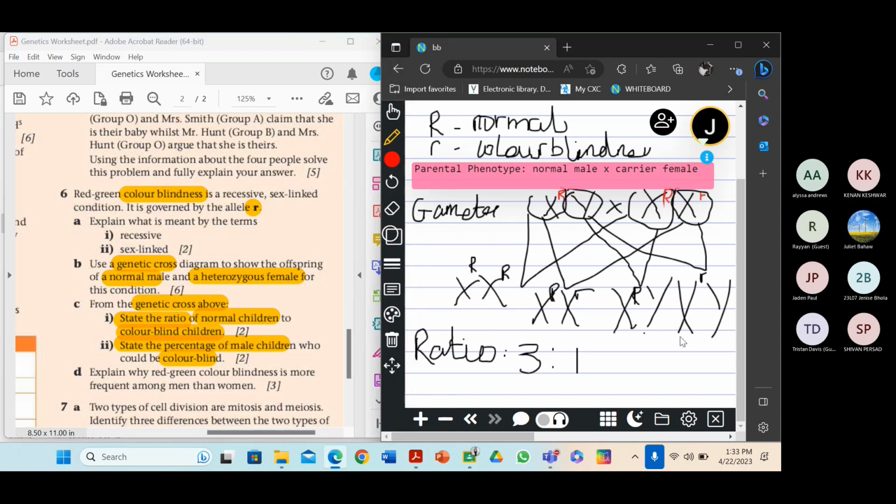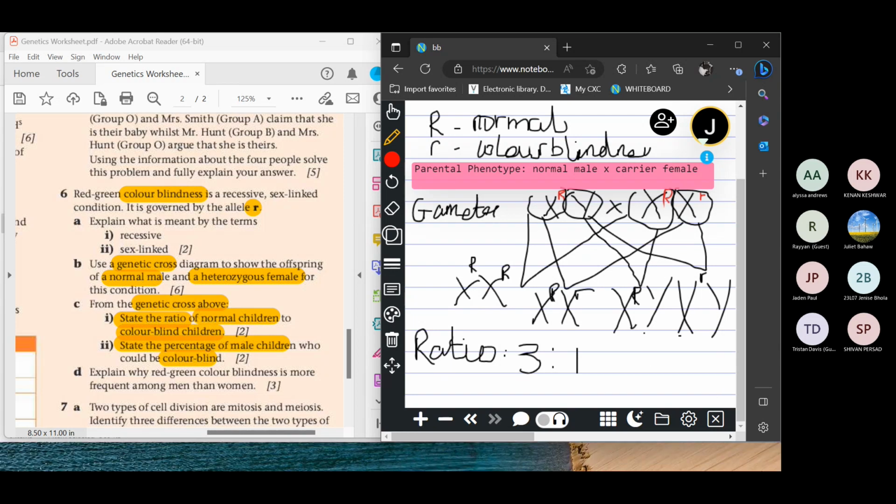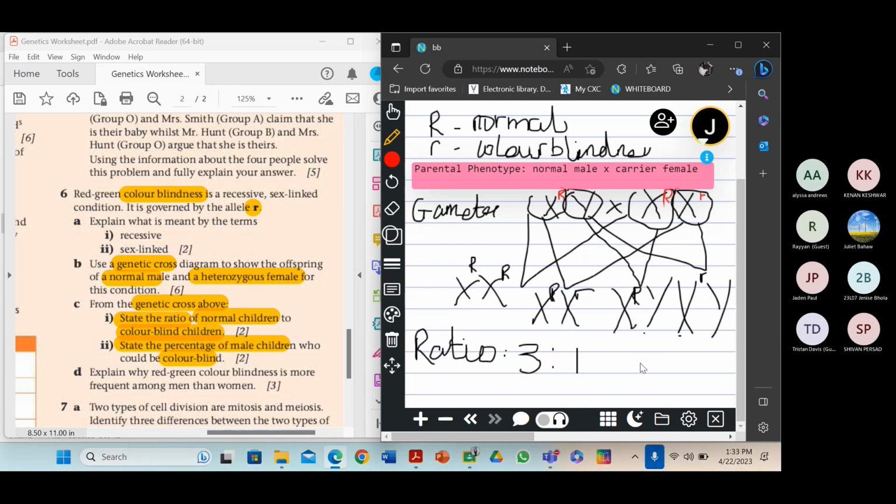What is the percentage between the two males as to who could be colorblind? Tristan, what is the percentage?